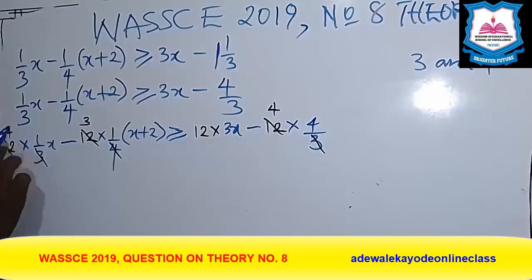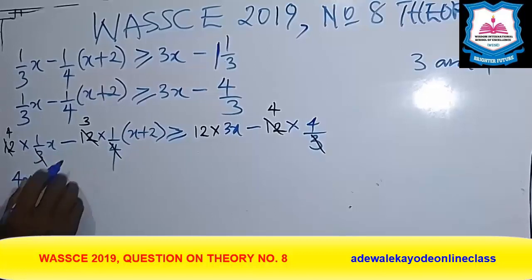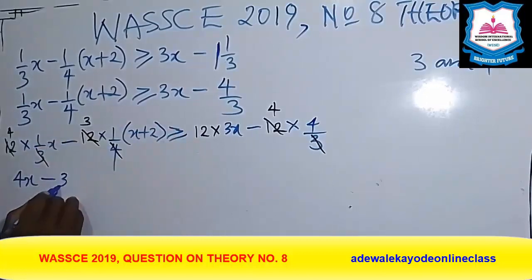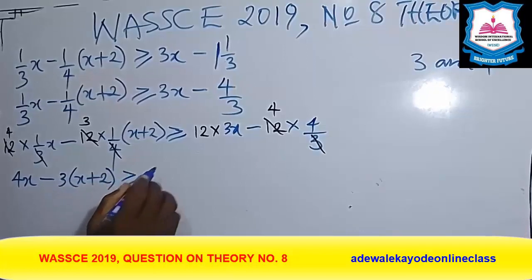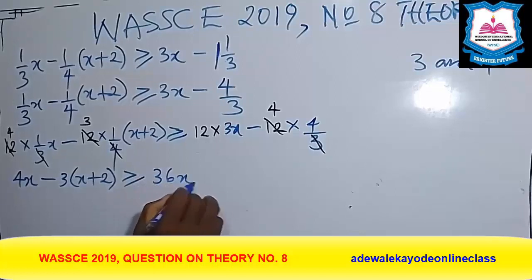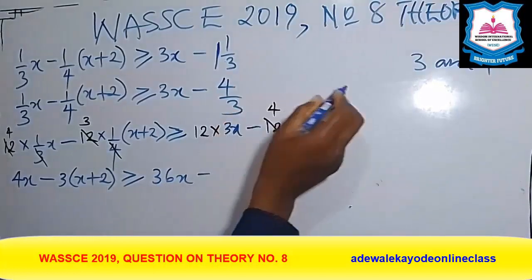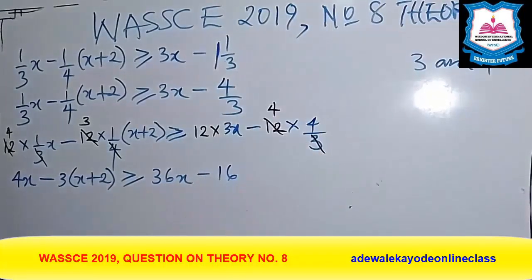We are left with 4 multiplied by 1, which is 4x, minus 3 multiplied by everything inside that bracket, greater than or equal to 12 multiplied by 3x, that will give us 36x, minus 4 multiplied by 4, that will give us 16.